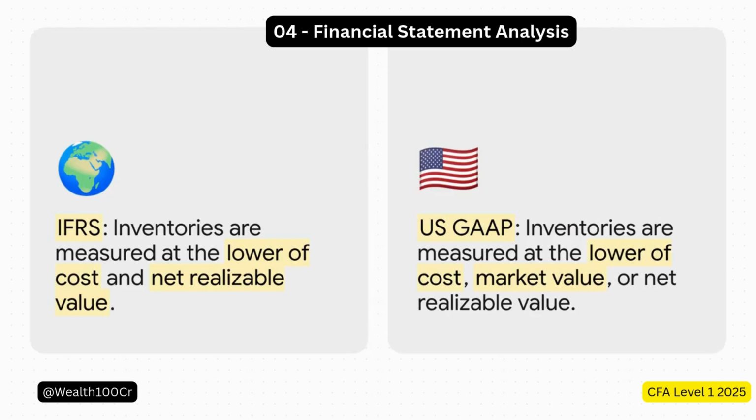Now here's where we see a subtle but really important difference between IFRS and US GAAP. At first glance, lower of cost or NRV and lower of cost or market sound pretty similar, right? But the real divergence, and the one you have to watch out for, is what happens with write-downs.